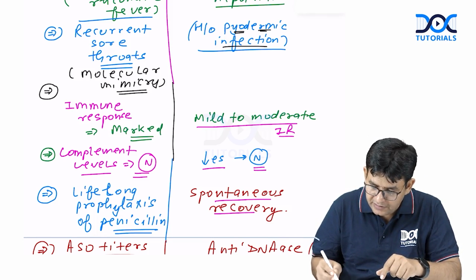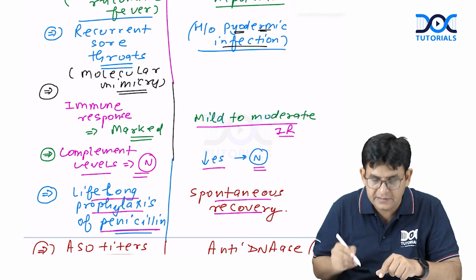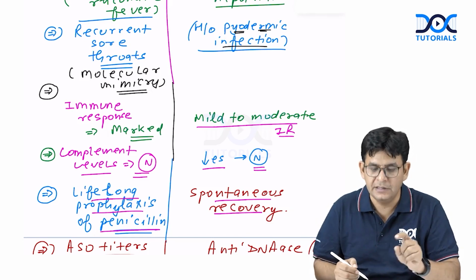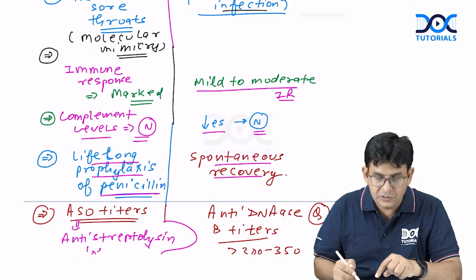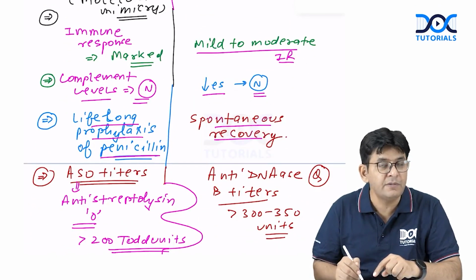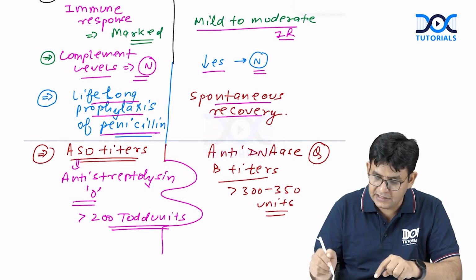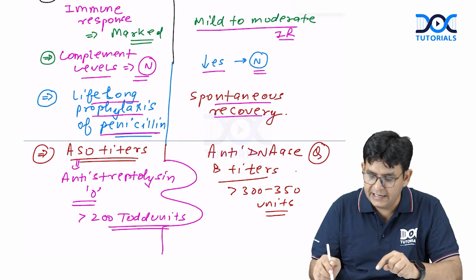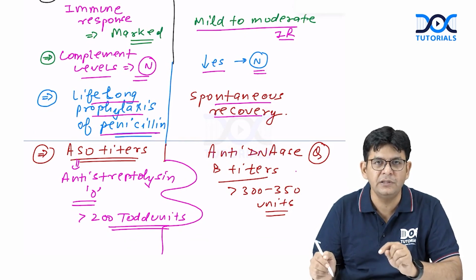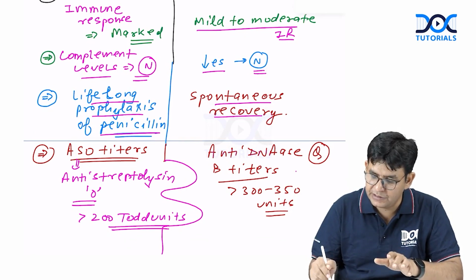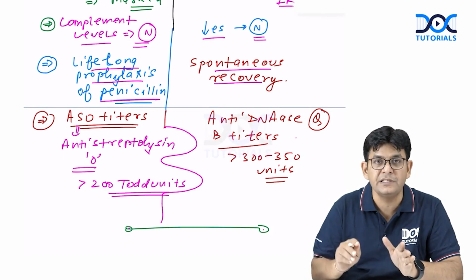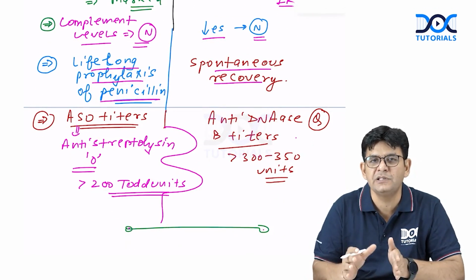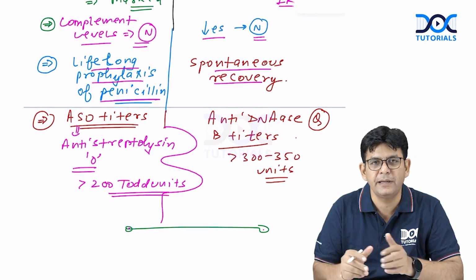Here there is spontaneous recovery, and lifelong prophylaxis with penicillin is indicated in acute rheumatic fever. The ASO titers you look for in this one are more than 200 Todd units, whereas on this side it is anti-DNase B titers more than 300 to 350 units. So this you need to remember regarding the differences between these non-suppurative complications of Streptococcus pyogenes.